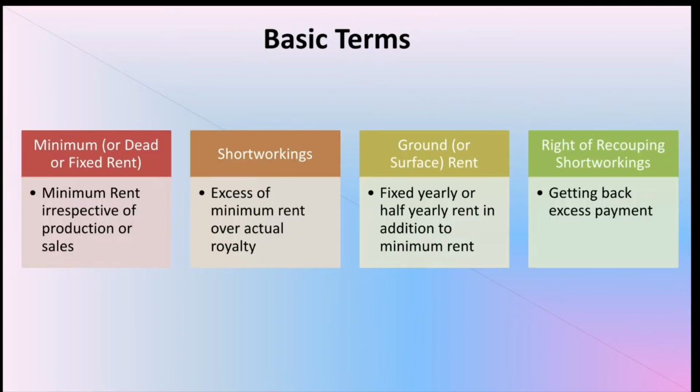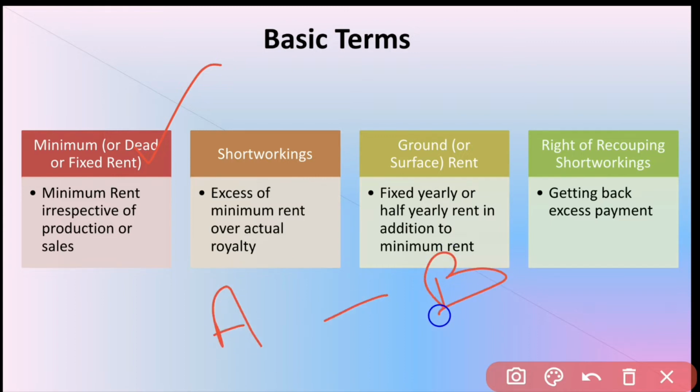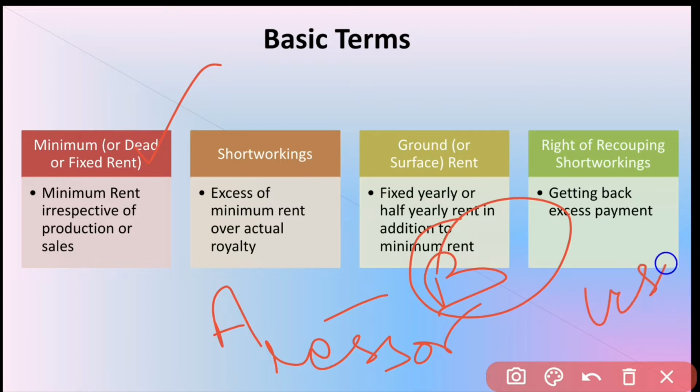Now the basic terms that you need to learn for royalty accounts are minimum or dead or fixed rent. Whenever there's a contract between, say, A and B, A is the lessor who gives out the right and who takes the right is B, the lessee. What happens is in the initial year, B might not earn enough profits. So I put a clause of minimum rent. I will be explaining all these terms with the help of the illustration.